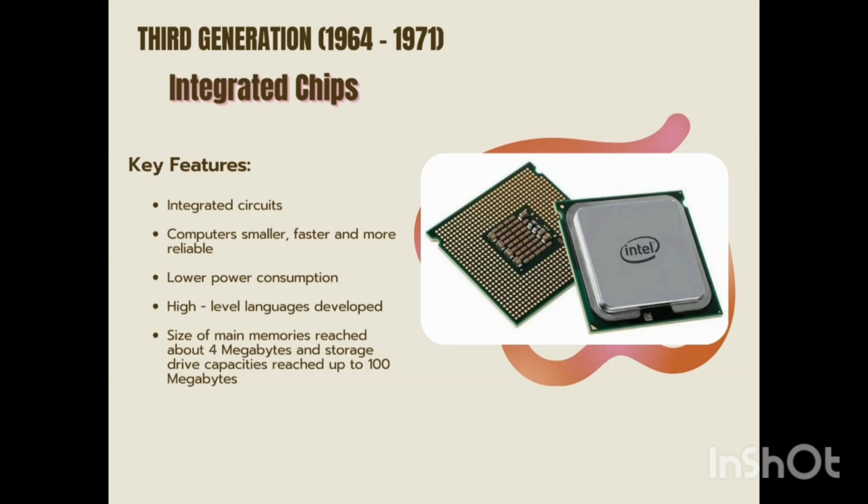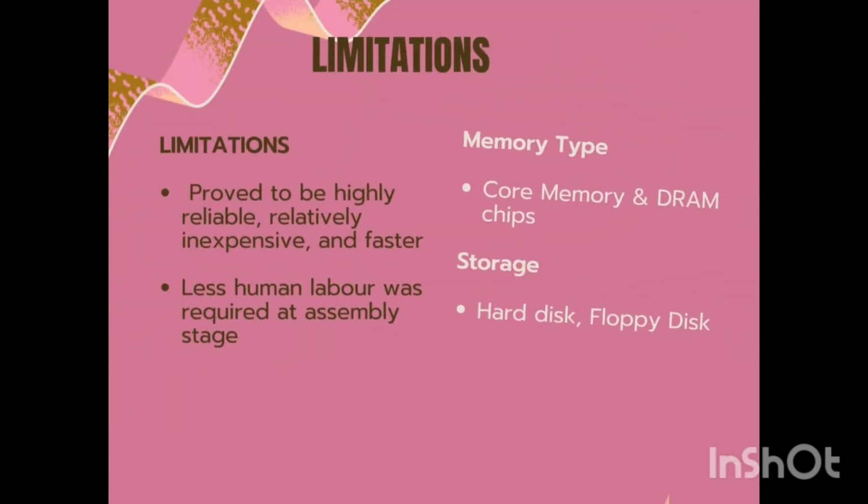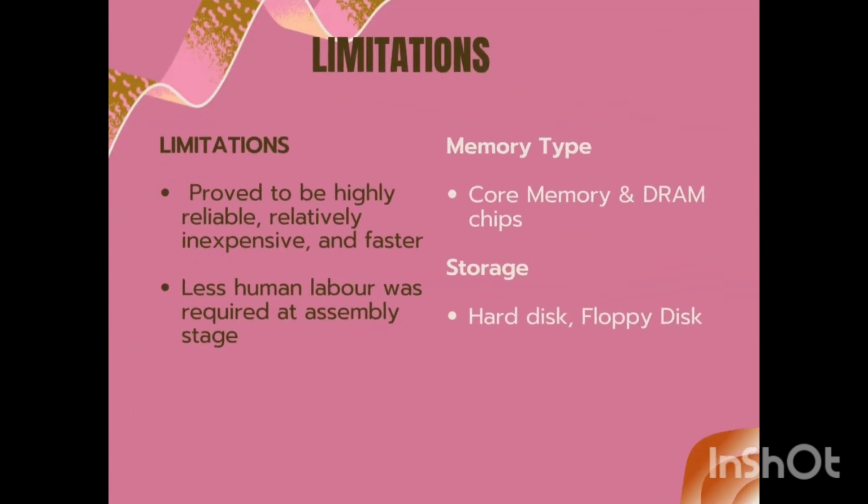Number three, lower power consumption. Number four, high level languages were developed at that time. And number five, the size of main memories reached about 4 megabytes and storage drive capacity reached up to 100 megabytes. Now, the limitations: number one, proved to be highly reliable, relatively inexpensive and faster.